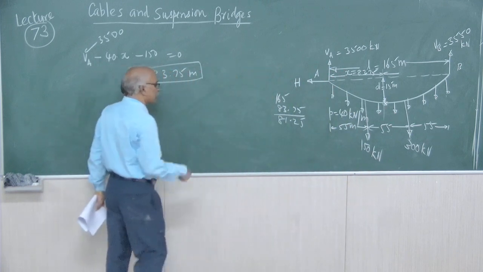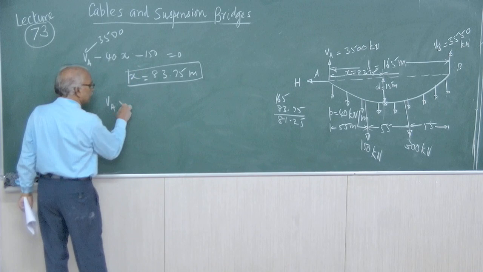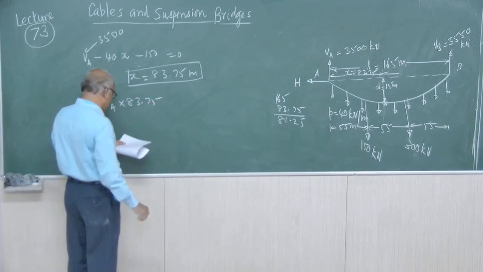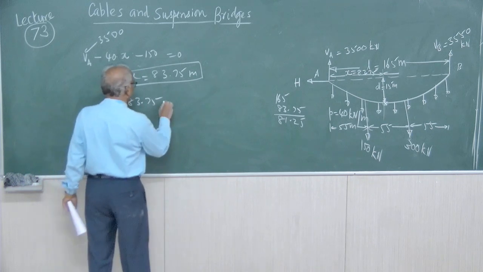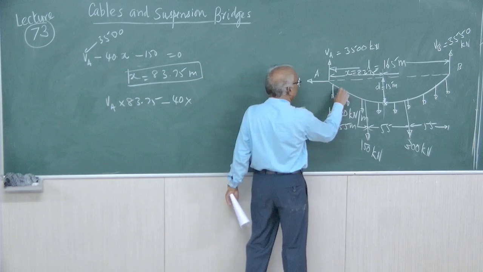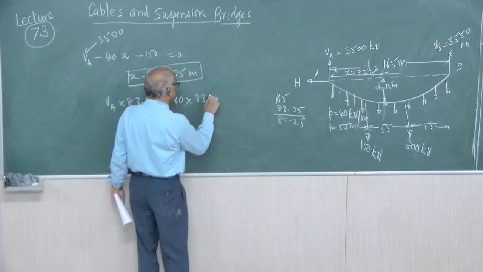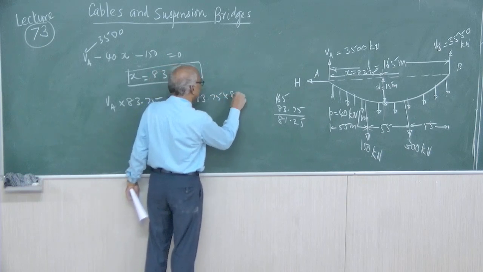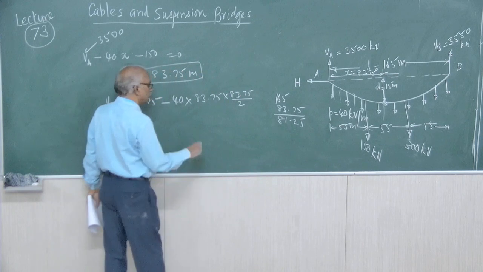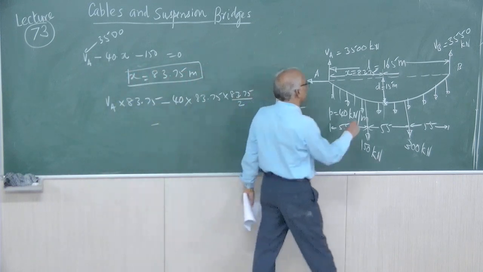So when you take moment about the lowest point, it is VA into 83.75 minus the UDL, 40 into 83.75 into 83.75 by 2, that is the UDL. We have to consider all the forces to the left of this section.